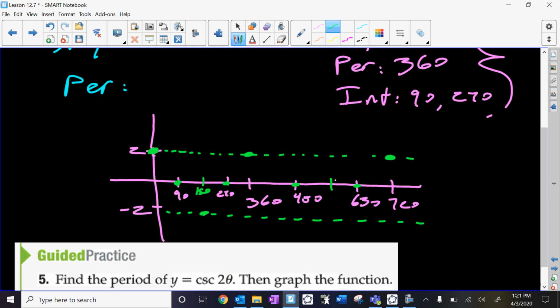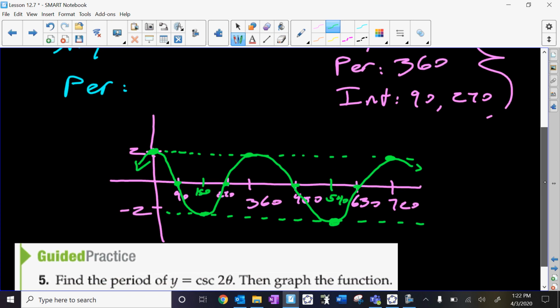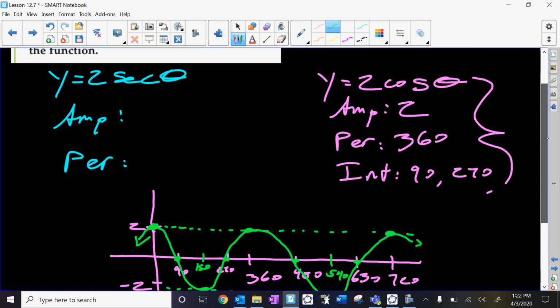And between 450 and 630, 180 plus 360 gets us 540. We're down at the bottom there as well. So there's my cosine function. That will help us graph our secant function.